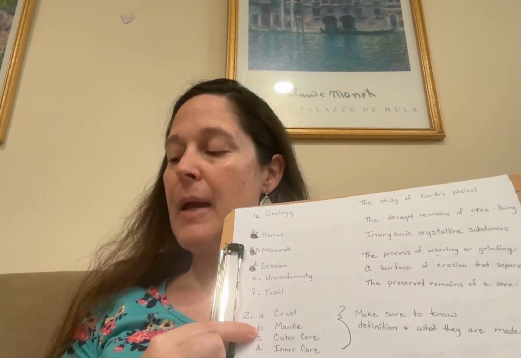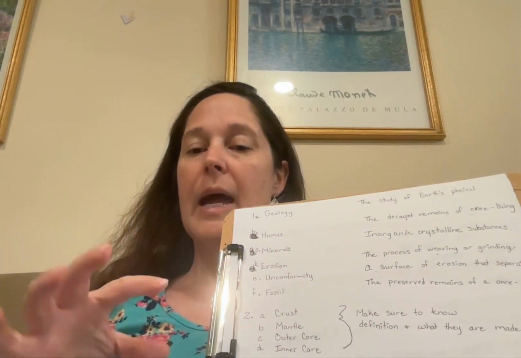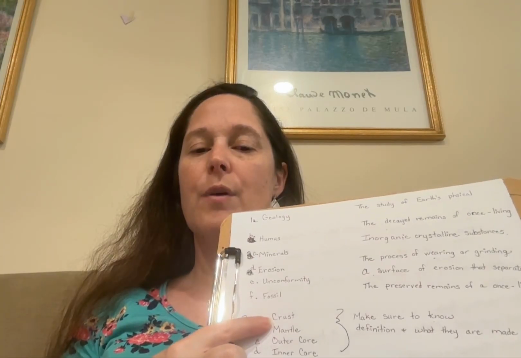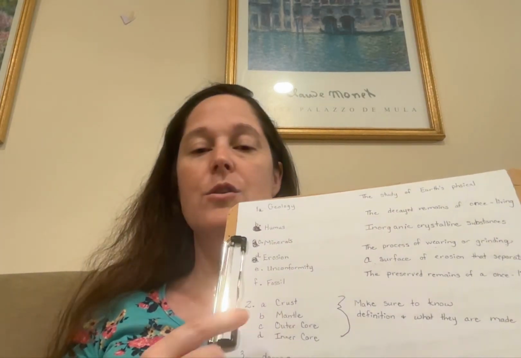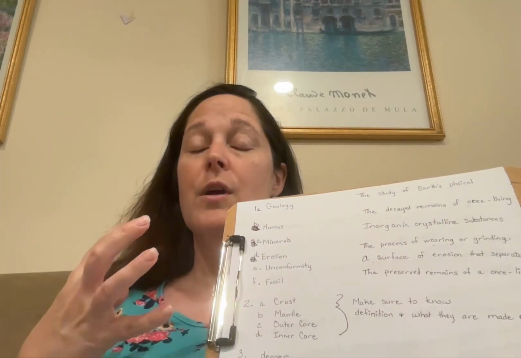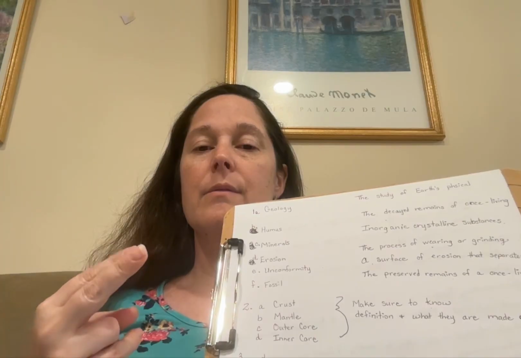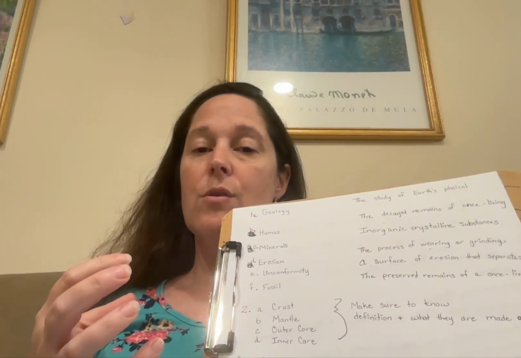Then you have the mantle, which is the next layer, and it is the plasticky rock layer that's underneath the crust. Then you have the outer core, which is made of nickel and, I can't remember the other one, but it is liquid nickel.